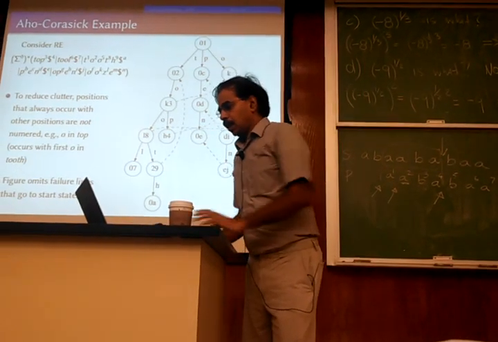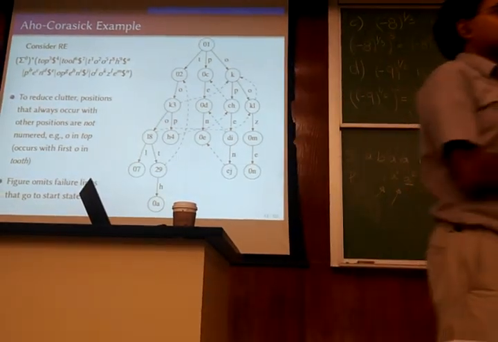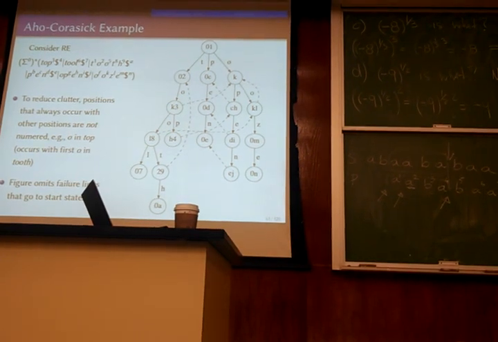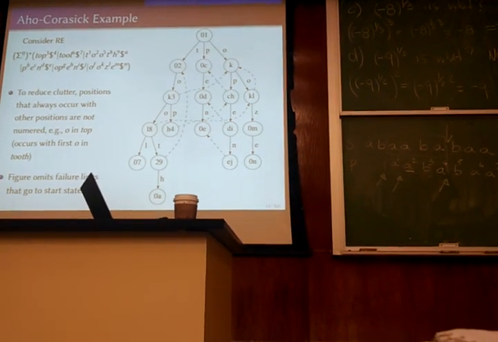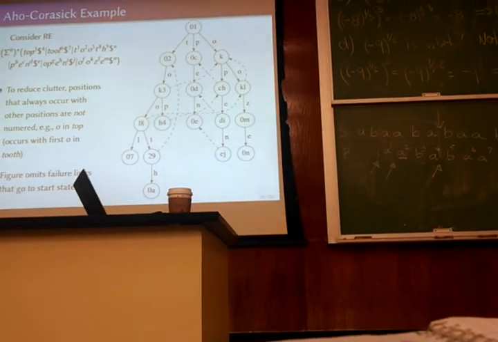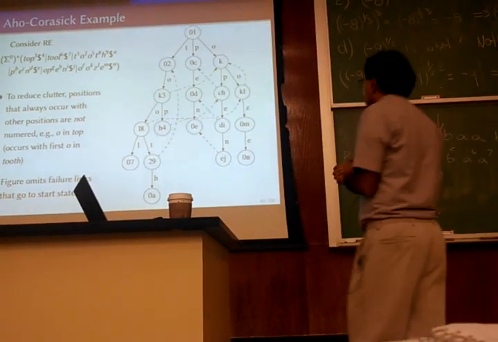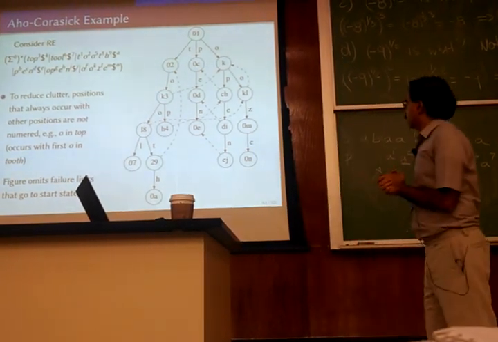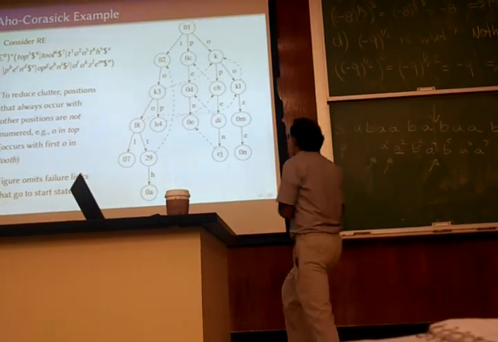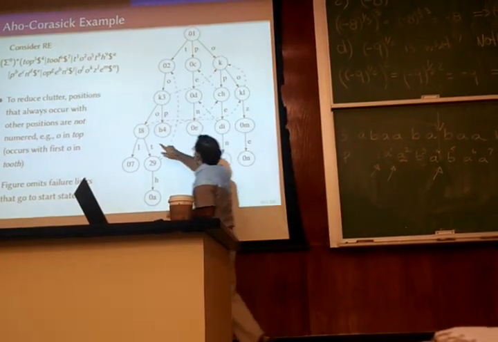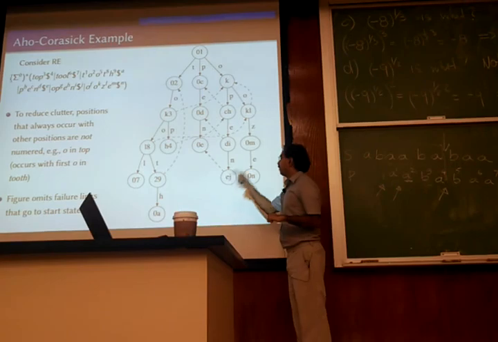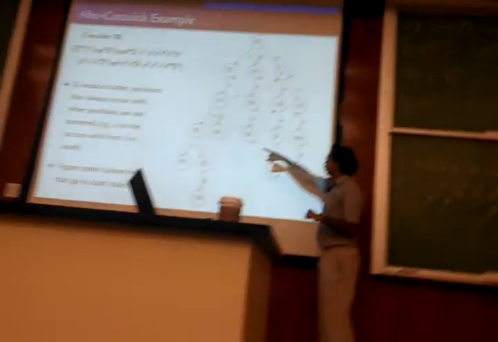Okay, so that brings us to this automata-based way of doing string matching. Yes? How do you figure out you can go on 2? Okay, so the way to do that is you follow this. You know that L cannot advance on T, so you go to the failure link.